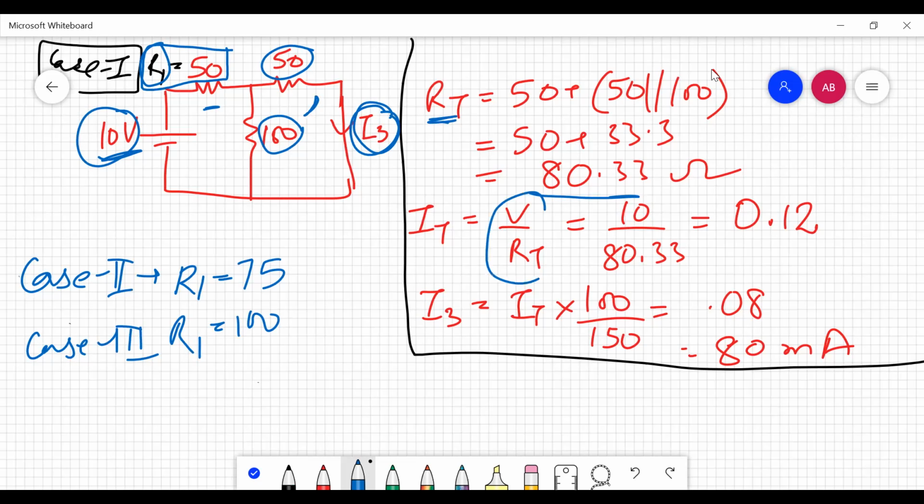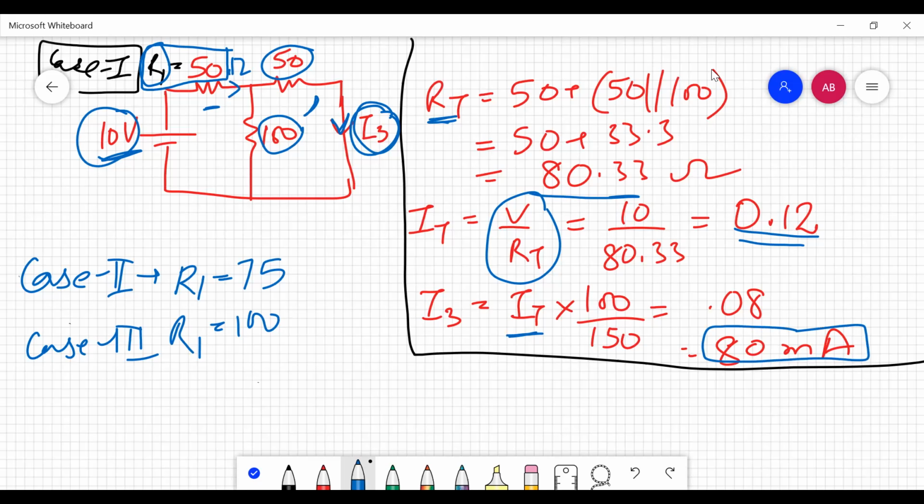When the voltage is divided by it, it gave me a value of 0.12 amperes. By applying the current division rule, because this 0.12 is the value of current till here, and then it got divided between two branches of 100 ohm and 50 ohms, I got the value as 80 milliamperes.